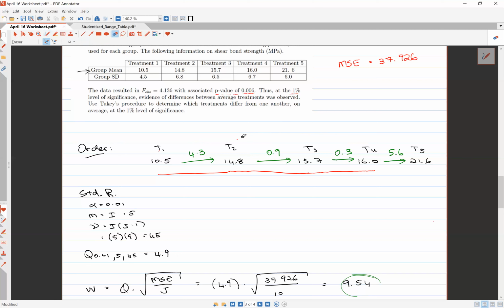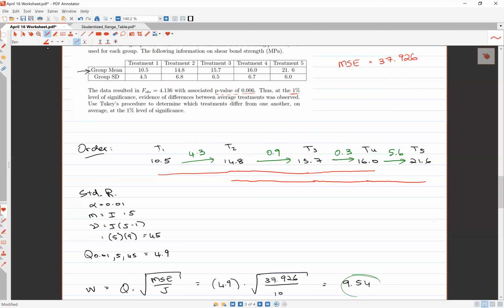Now, let's start on the other side. Treatment 5 does not seem to be different from treatment 4, and not different from treatment 3, and not different from treatment 2. So here again, we have this overlap. We kind of have this logical inconsistency.